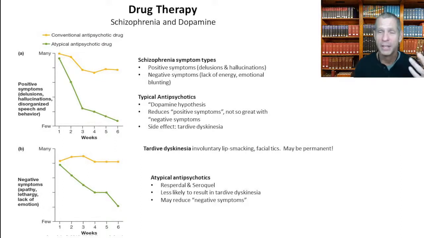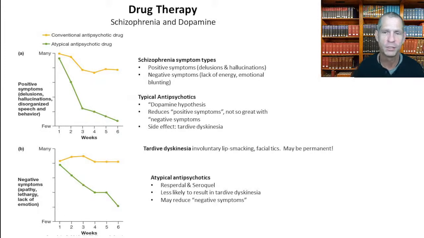However, they've developed a second class of antipsychotics called atypical antipsychotics. Examples are risperidol and Seroquel. Now, these drugs are less likely to result in tardive dyskinesia, and there is some evidence to suggest that they may reduce the negative symptoms.